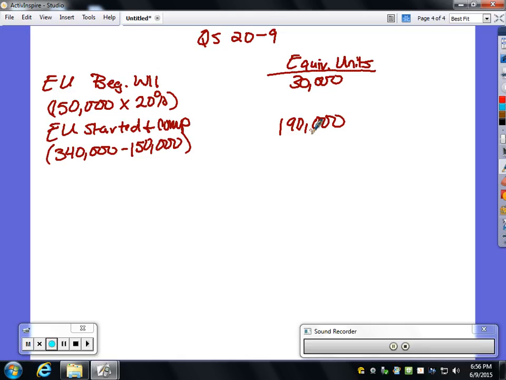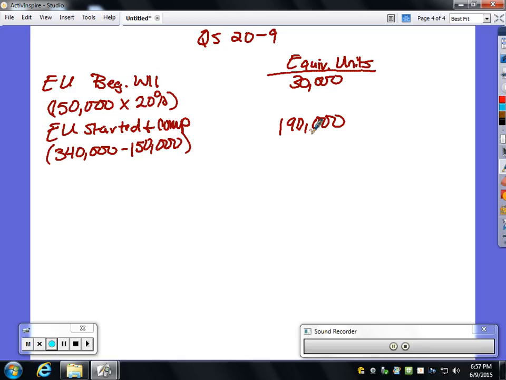This is only including what we started in that particular production. There could have been units existing prior to us beginning. So even though we started with 150, that's how many we started to produce on this run. We probably had some prior to this. We added whatever was prior to plus this. We only completed out of that number 190. So we took what we completed and subtracted out what we started with.